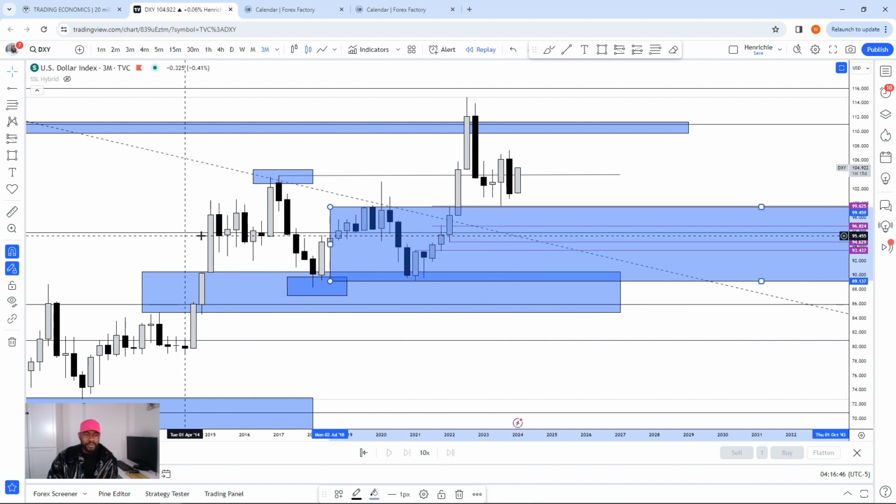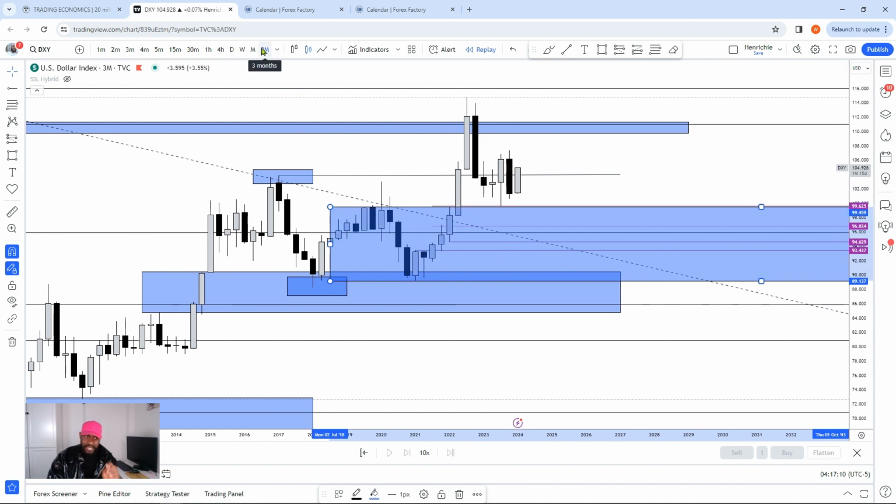Every single candle on this chart right now is 3 months. So that means before price is going to come in this key level, it's going to take a minimum of 3 to 6 or 9 months. Minimum 3 months, because each candle right here is a 3-month candle. Look right there.